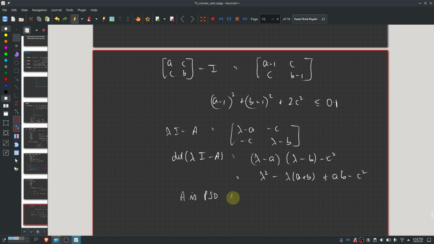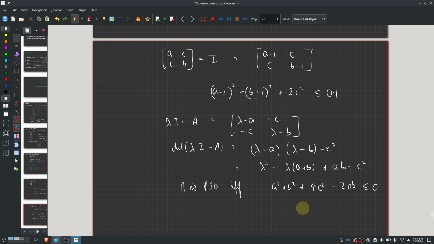A is PSD if and only if... Yeah, can you repeat? a square plus b square plus 4c square minus 2ab is less than or equal to 0, right?